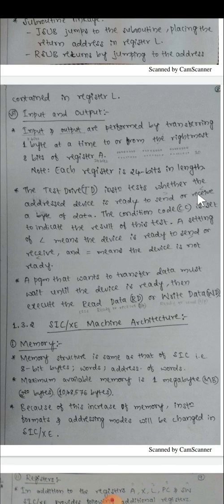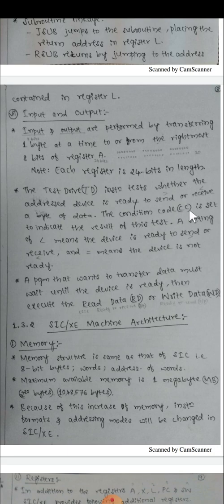Or receive the data, for example an output device like a printer or monitor screen, they are ready to display and they are ready to print the data from memory, or from keyboard or any memory device also, whether they are ready to receive the data. Then if they are ready to receive the data, it is indicated by less than. Receive operation is indicated by less than, and send operation is indicated by greater than a byte of data.